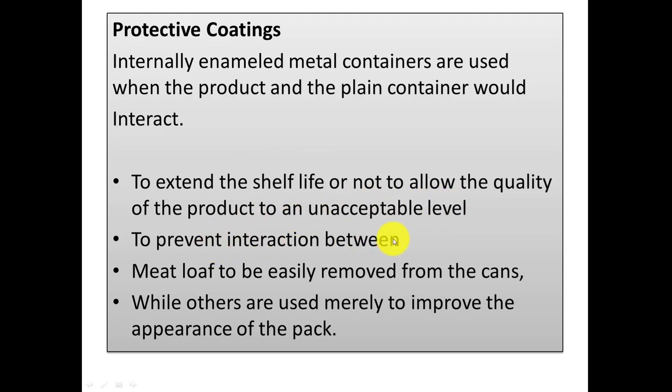Second, to prevent interaction between the product and the container, and sometimes just to facilitate easy removal, like in cases in which meat loaf has been packed. So this lacquering offers easy removal. It will not stick to the can, while others are used merely to improve the appearance of the pack. It will look glossy, no doubt, if it is applied outside.